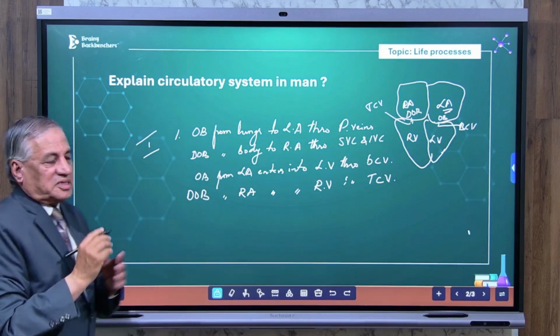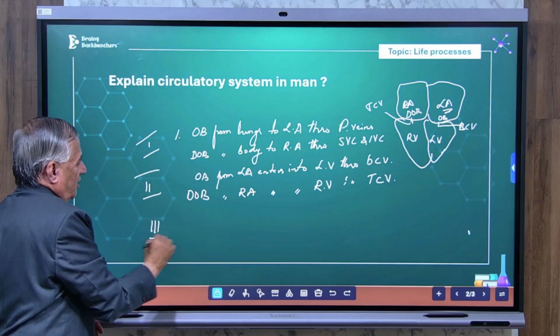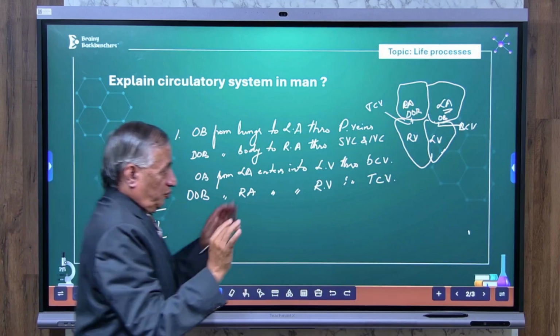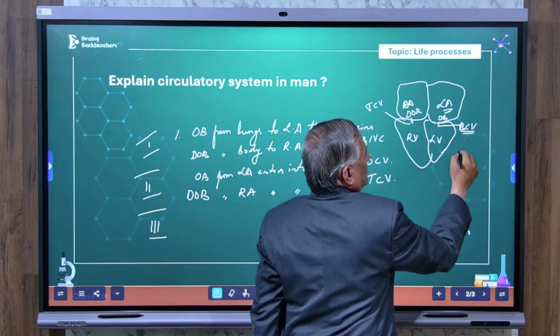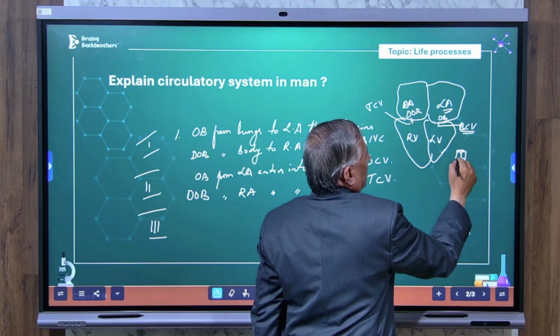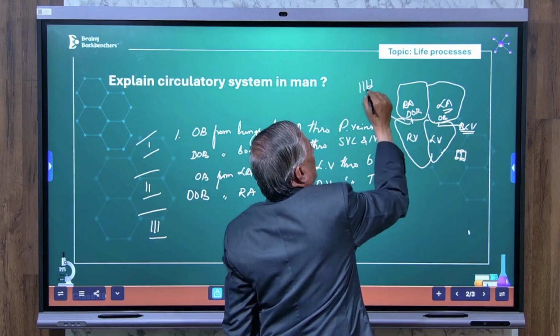This is the second and last step. Finally, we can conclude from here. This one is the bicuspid valve. Bicuspid valve has two openings. Tricuspid valve has three openings.